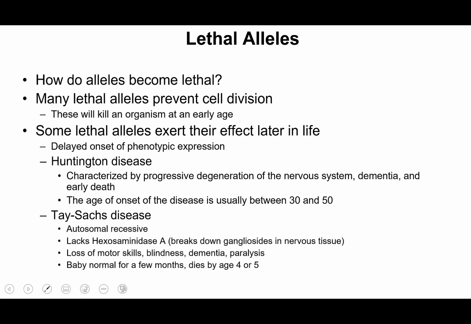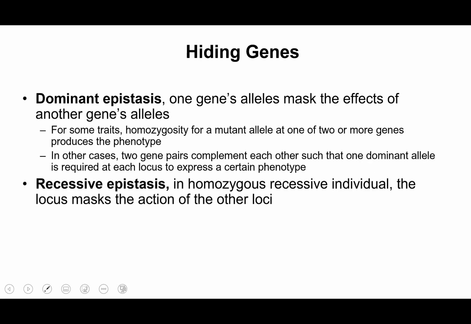You don't have the ability to break down the gangliosides that exist in our nervous tissue because we lack the enzyme, hexosaminidase, which helps break them down. And so generally with Tay-Sachs disease, children are going to die fairly early.